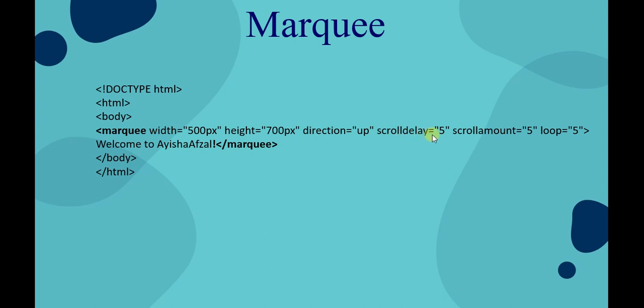Then scroll delay means the first time it will scroll, then after how many seconds it will scroll again, say 5 seconds, that is the scroll delay. Then scroll amount, how many times it should scroll, 5 times. Then loop, if you use loop, each and every time for 5 times it gets repeated. Okay, these are some attributes for the marquee tag.